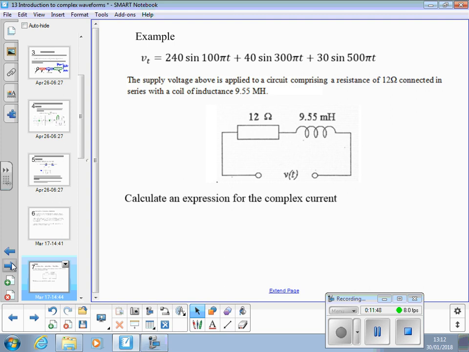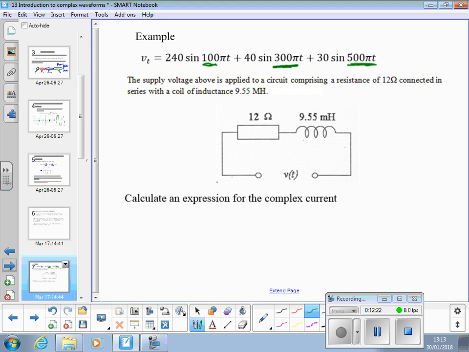So, we'll have a look at this one together. We've got a complex voltage containing a fundamental and 2 harmonic components. We've got 100 pi t fundamental, 300 pi t, so that must be the 3rd harmonic, and a 500 pi t 5th harmonic added together.